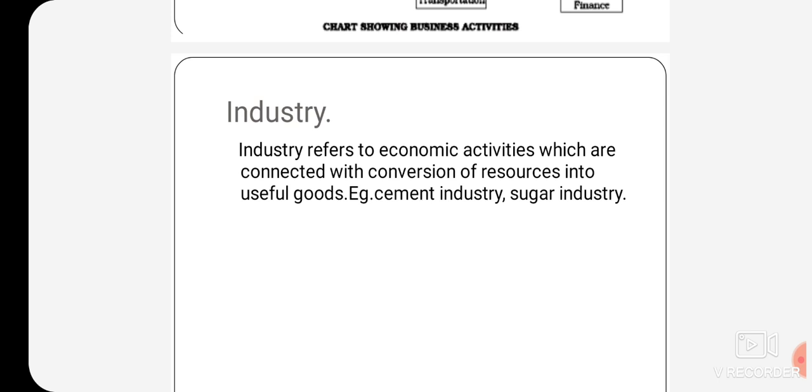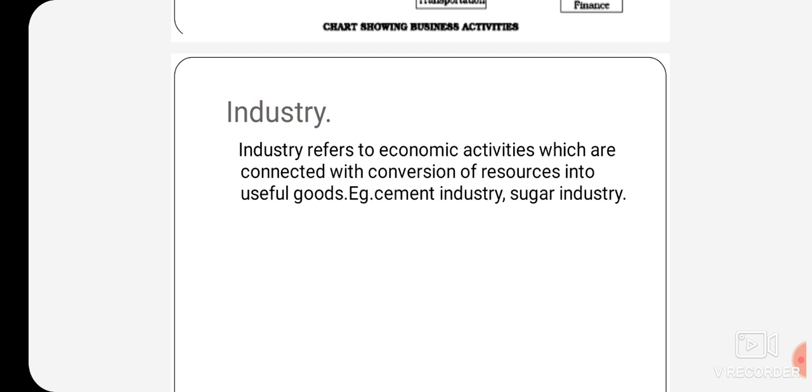That means industry utilizes different raw materials and converts these raw materials into meaningful products and services to satisfy the expectations of human beings. Thus industry is going to create form utility for the product and services. That is what industry does.